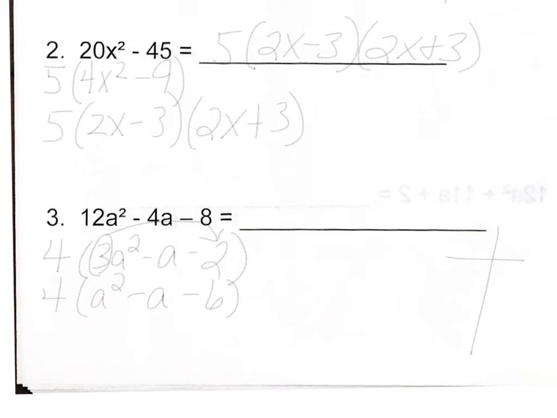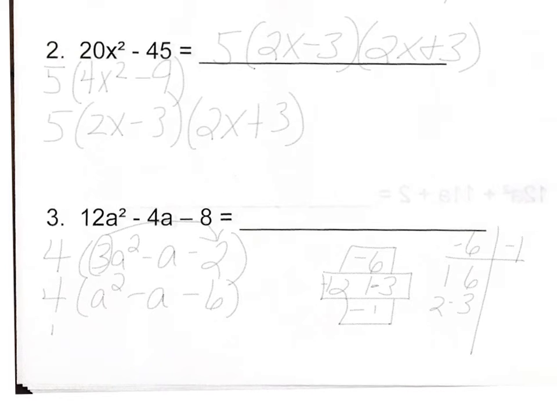So we want the factors of negative 6 that add up to negative 1. So 1 and 6, or 2 and 3. So we know it would be 2 and 3. Our bigger one has to be negative.